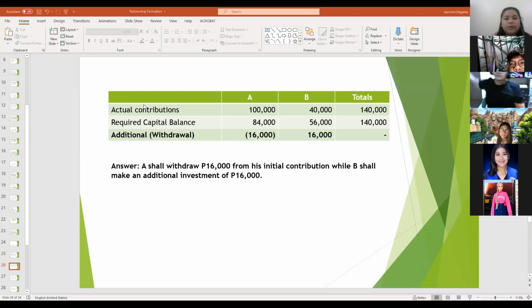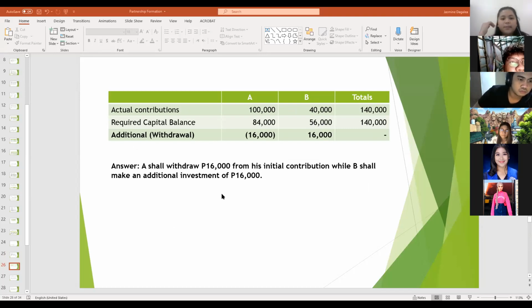So ito, A 100,000 minus 84,000, 16,000 yung i-withdraw ni A. Si B naman, 40,000 lang yung initial investment niya, but he is required to have a balance of 56,000, so he needs to add 16,000 to the partnership. So answer, A shall withdraw 16,000 from his initial contribution, while B shall make an additional investment of 16,000.